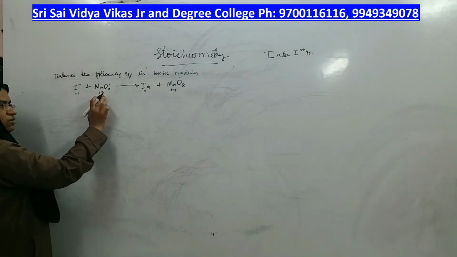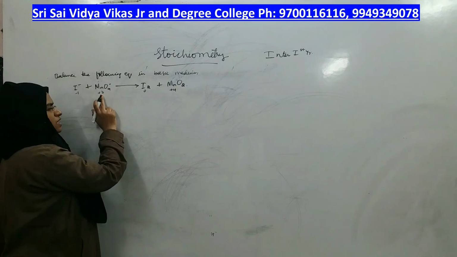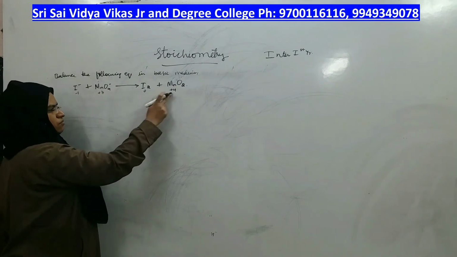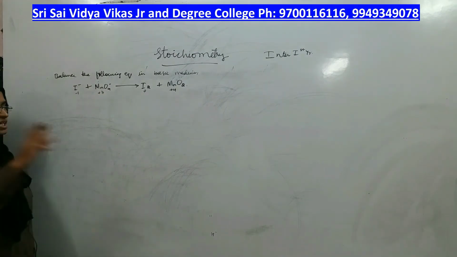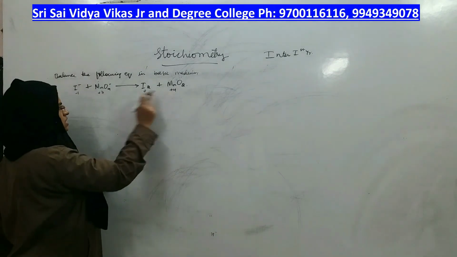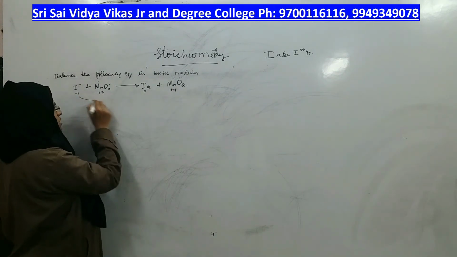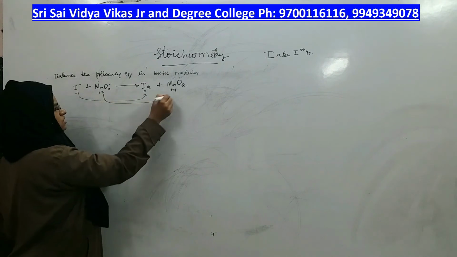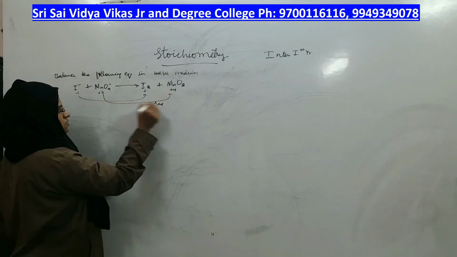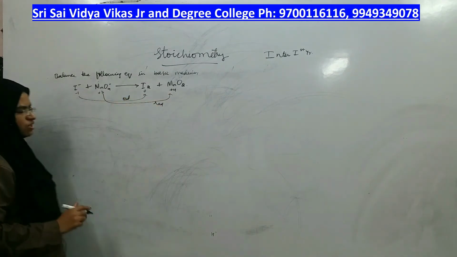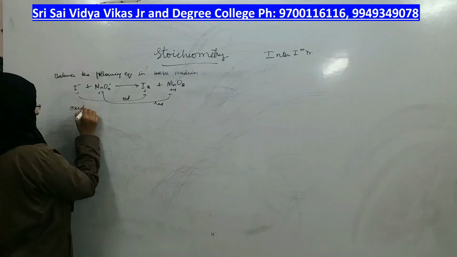After gaining 1 electron, it becomes +6, another electron, +5, another electron, +4. So in total it gained 3 electrons. That means this is reduction and this is oxidation. Now let us segregate oxidation and reduction separately.